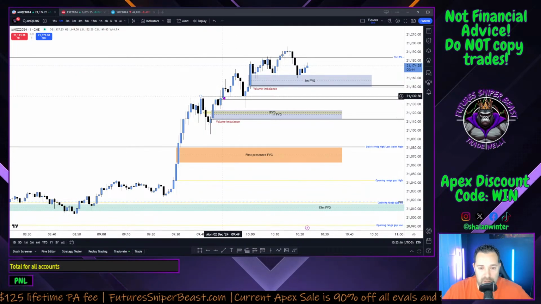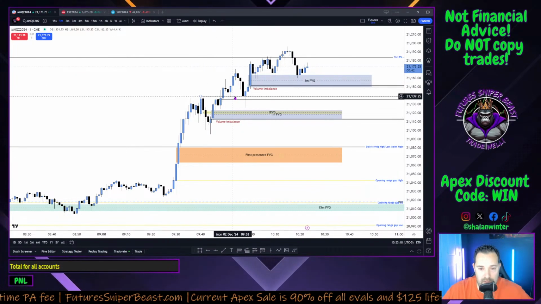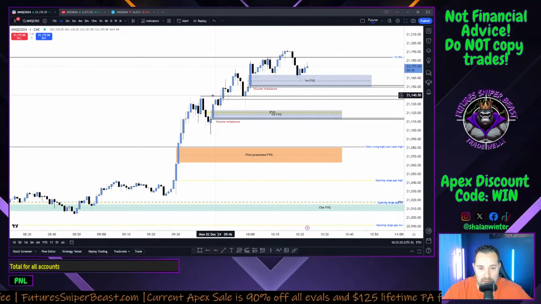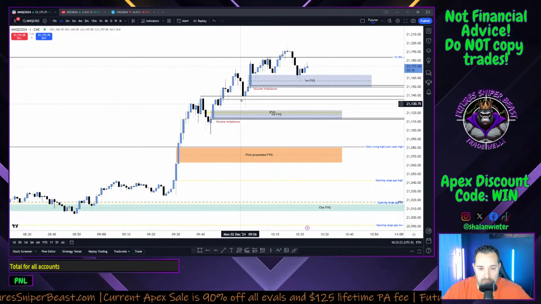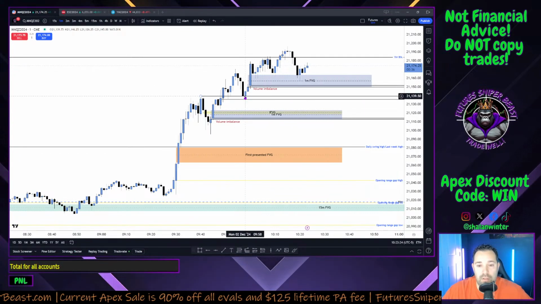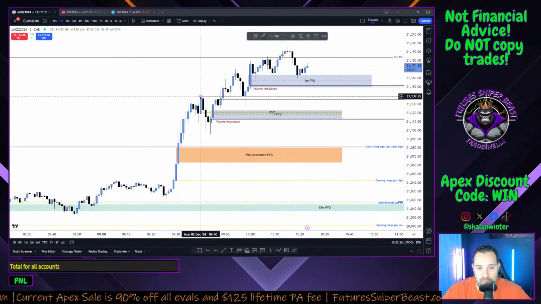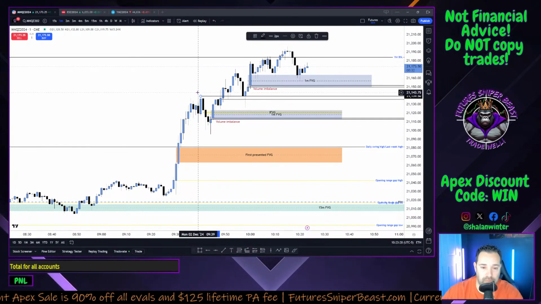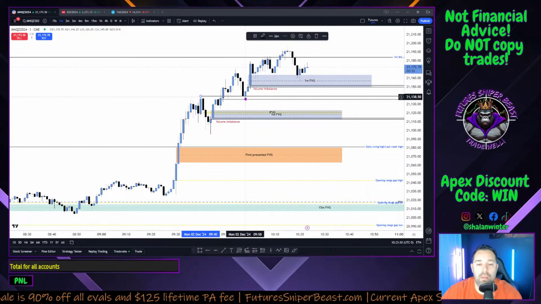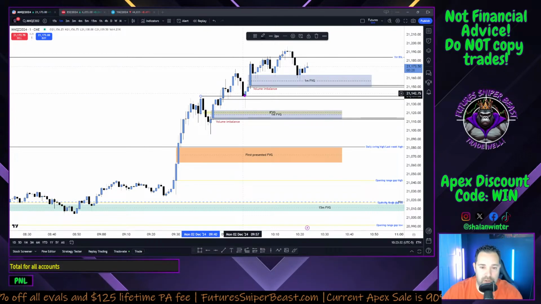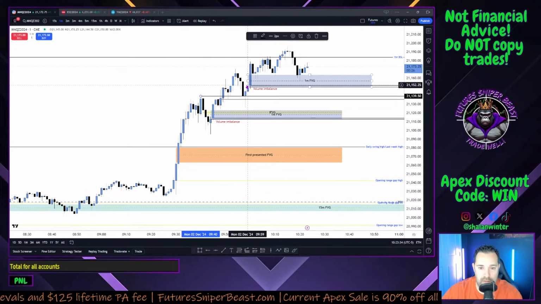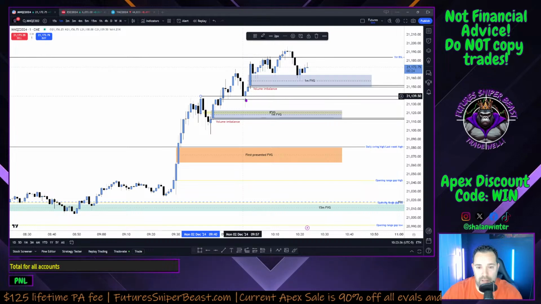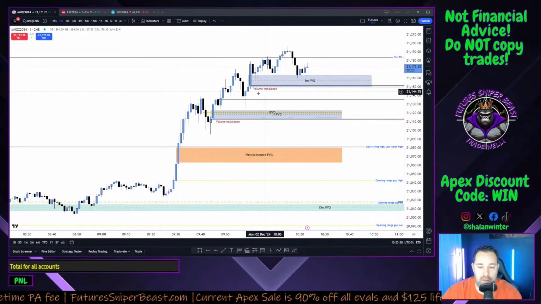This is a mitigation right here. And the body's closing right there. Reach down. Body's closing there. So these are people that got short in this area that are getting out back then.